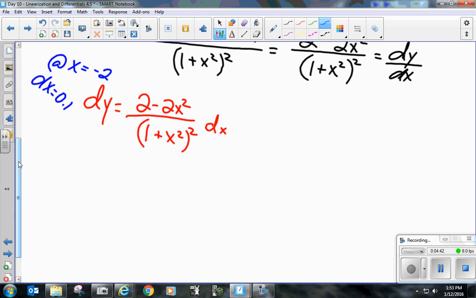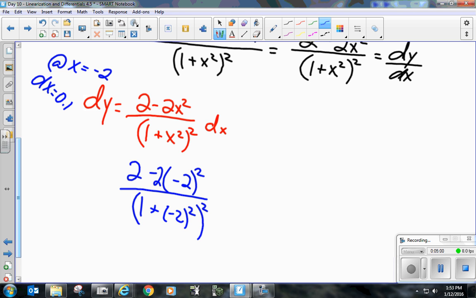So, 2 minus 2 times a negative 2 squared, all over 1 plus a negative 2 squared, squared, times 0.1.